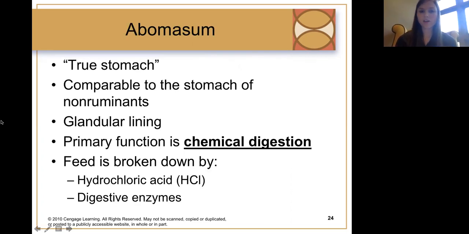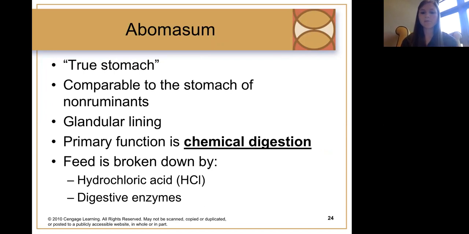Then the fourth and last compartment of the ruminant stomach is the abomasum. It's usually called the true stomach, because that's the type of stomach we're most familiar with in monogastrics. So it's comparable to the stomach of non-ruminants, exactly like our stomachs and pigs and things like that. It has a glandular lining, and the primary function of the abomasum is chemical digestion.